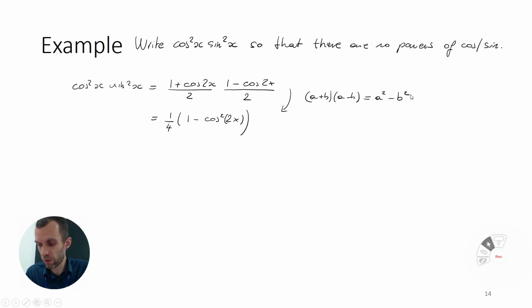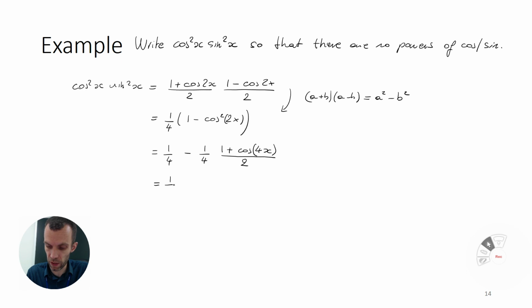So that's already good, but I still have a power here. So let me use my half-angle formulas one more time. So now I have 1/4, 1 minus cosine squared of 2 times x. That's 1 plus cosine 4 times x, divided by 2. So you always double the angle here, and then you divide by 2.